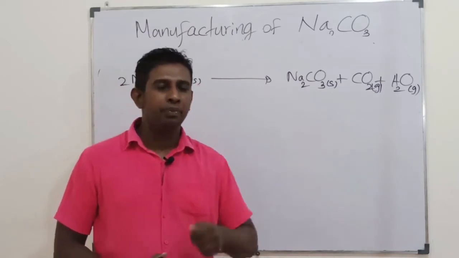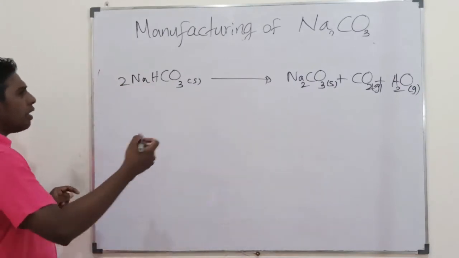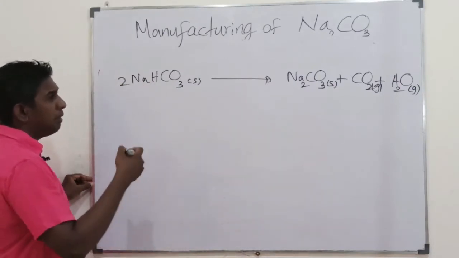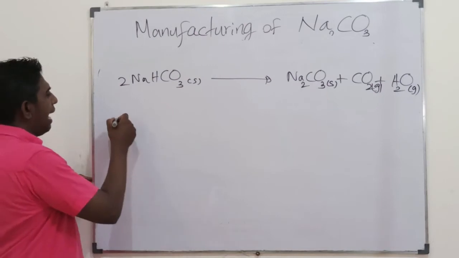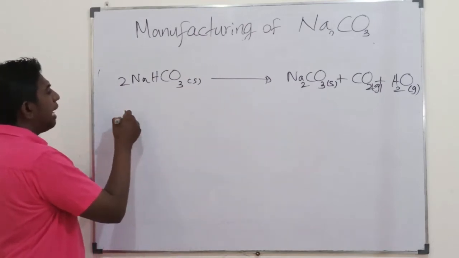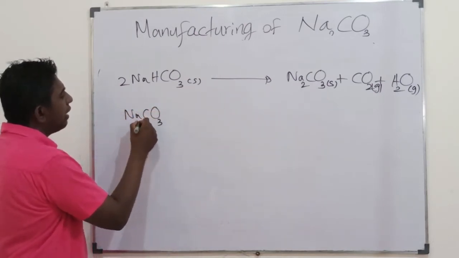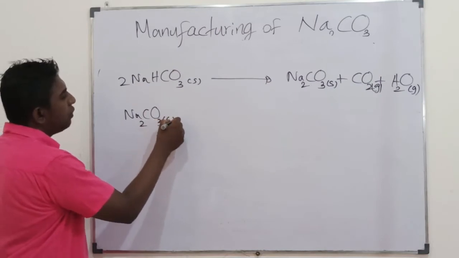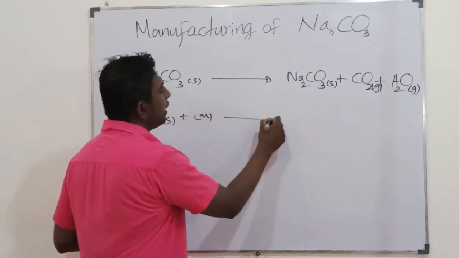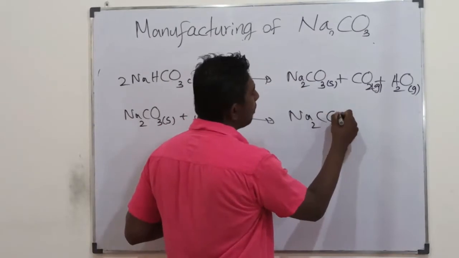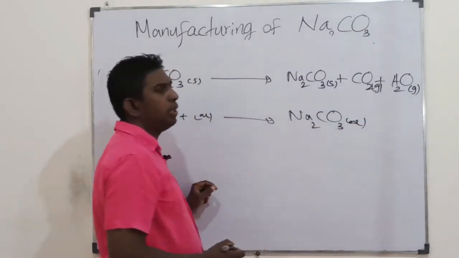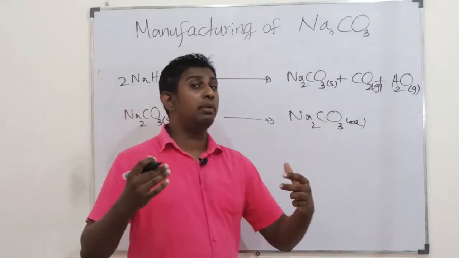How is that? Students, you could manufacture baking soda by dissolving this sodium carbonate solid in water. When you dissolve it in water, you get aqueous sodium carbonate. You saturate water with sodium carbonate.